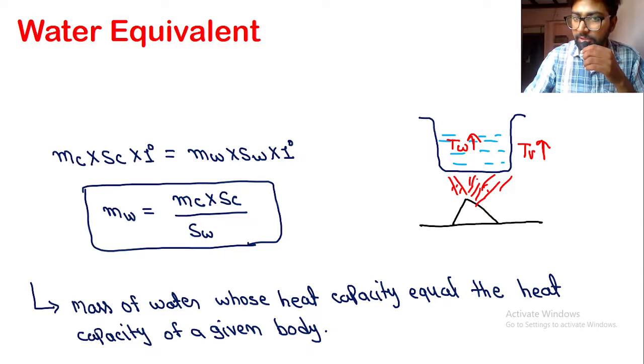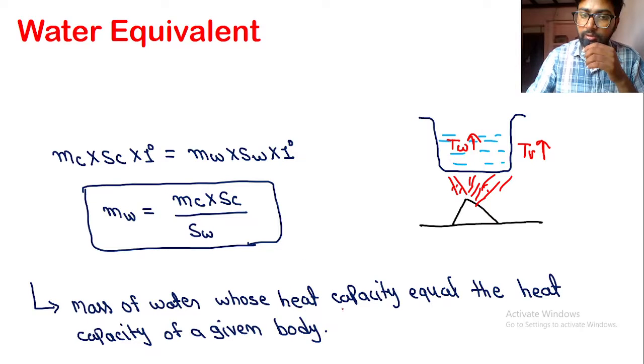Then some energy transfers to water and some energy transfers to the vessel. Then water equivalent is the energy required to heat up the vessel, that energy can be used to increase the temperature of water. That is called the water equivalent.